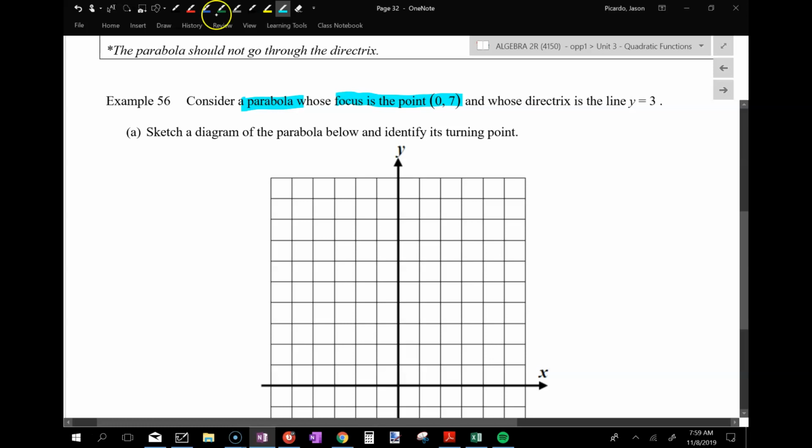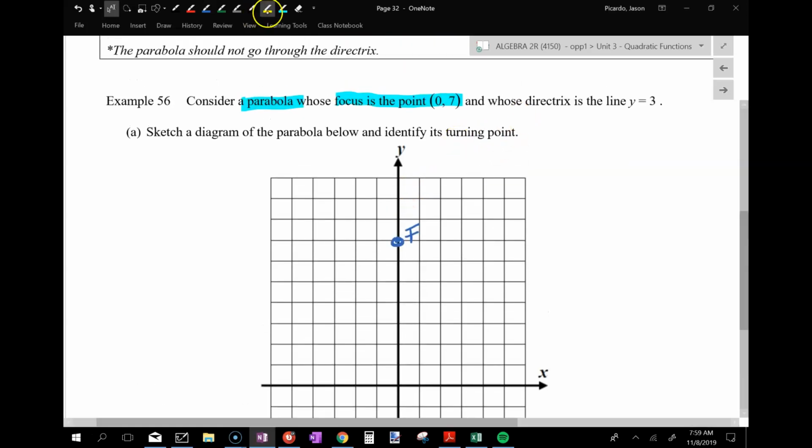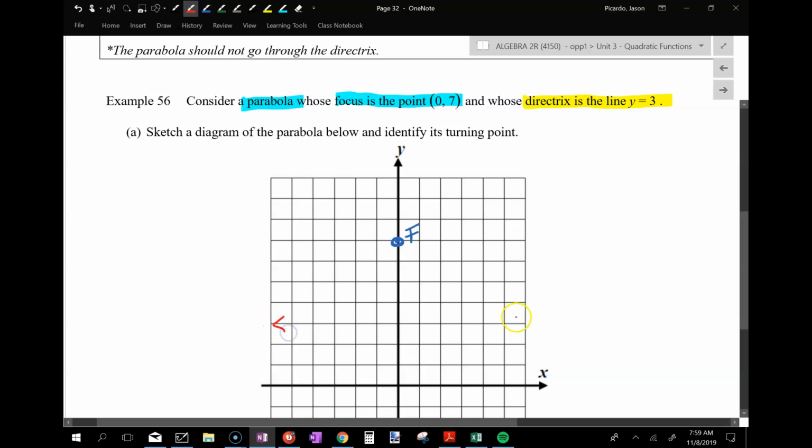Can I get that on my graph? A focus at 0, 7 puts me here. And I'm going to put an F on it so I remind myself what that is. And a directrix of y equals 3. Well, y equals 3 looks like this.